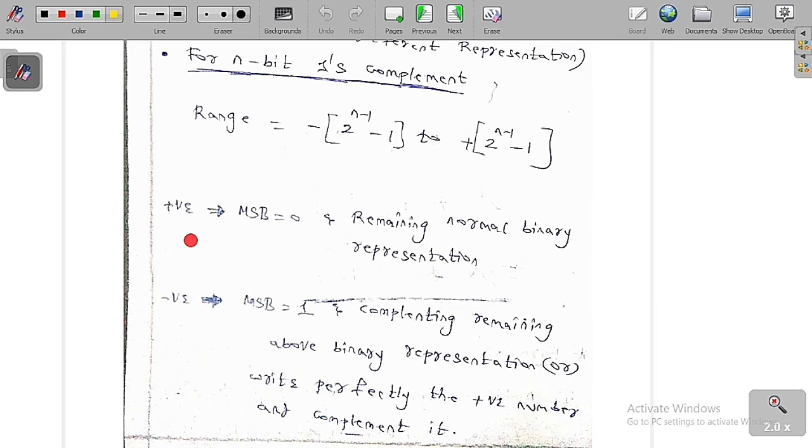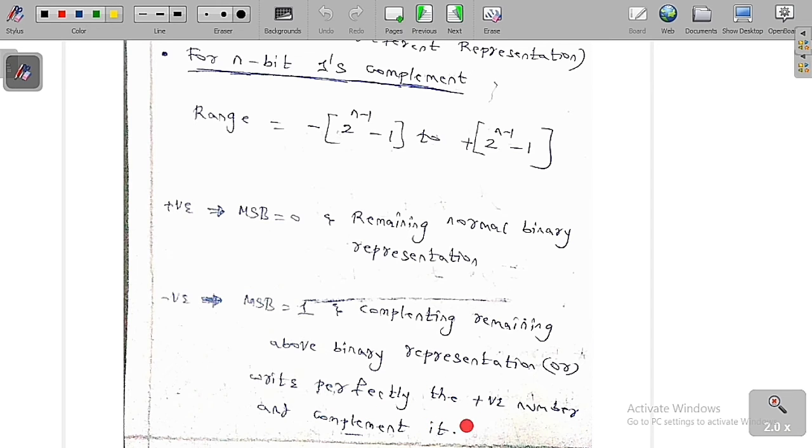what is the range? I have already told you. Positive means keep MSB equal to 0 and the remaining normal binary representation. For negative, keep MSB equal to 1 and complement the remaining binary representation, or write the positive number and complement it.